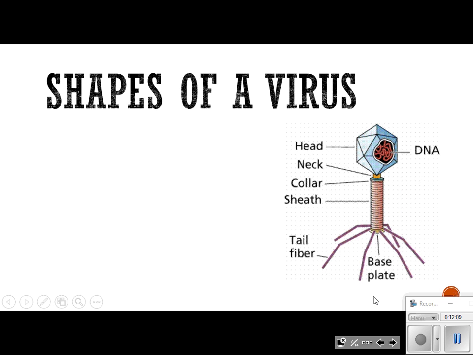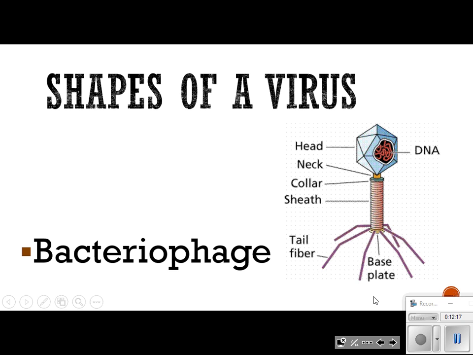Now, my last shape is the one that you have on the opposite page there. This is what we call a bacteriophage. And you can see that there are different things that go with the bacteriophage.